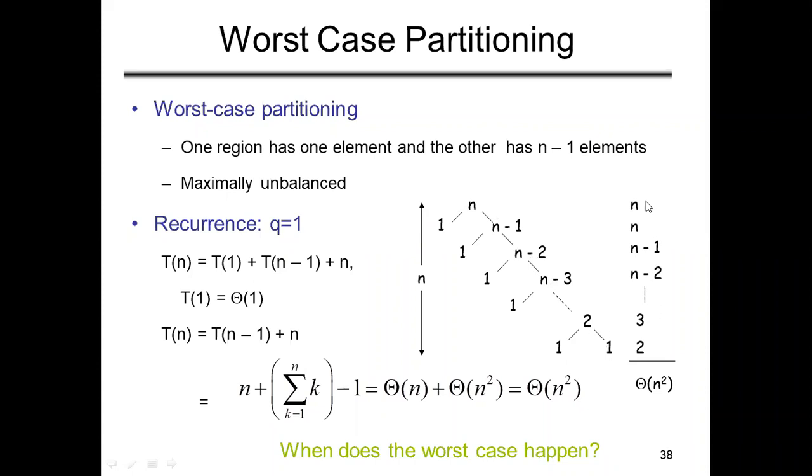When you apply the sum of n natural numbers, n into n plus 1 by 2, that is the order of n square.